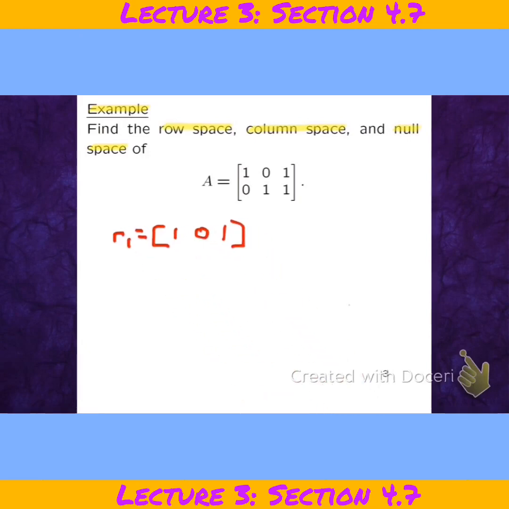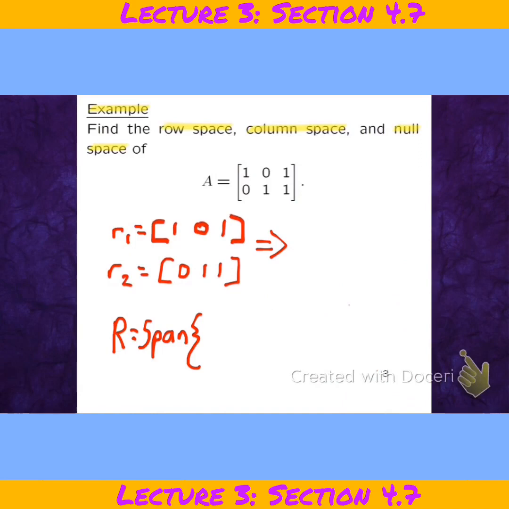There we've got our first row, and there we've got our second row. The row space is the span of the two row vectors: there's my first row vector, and there's my second row vector. So that is my row space.